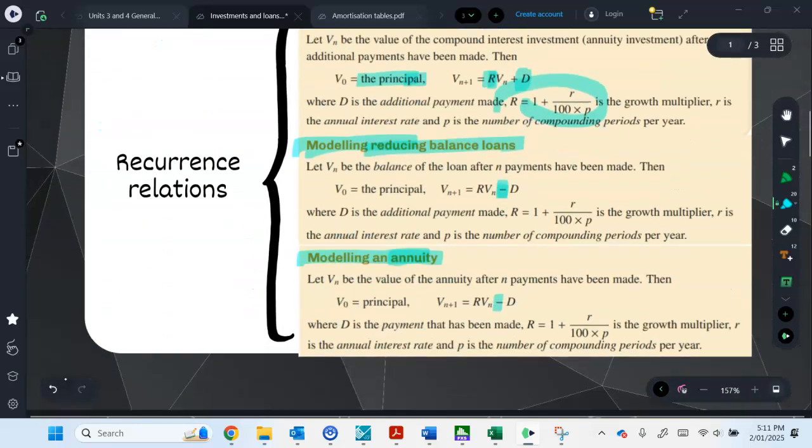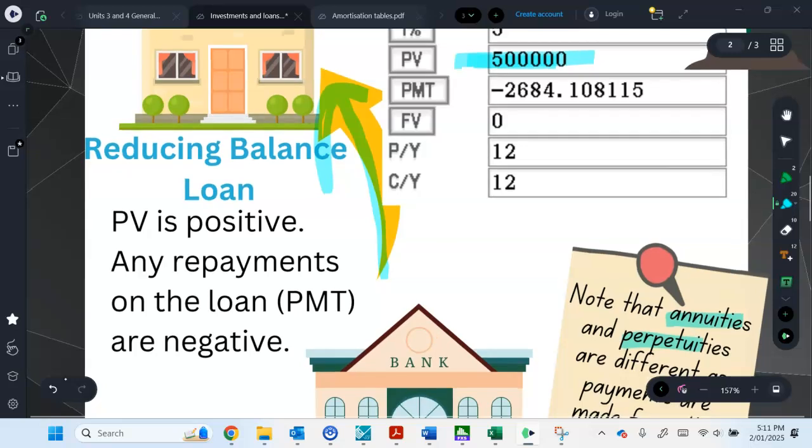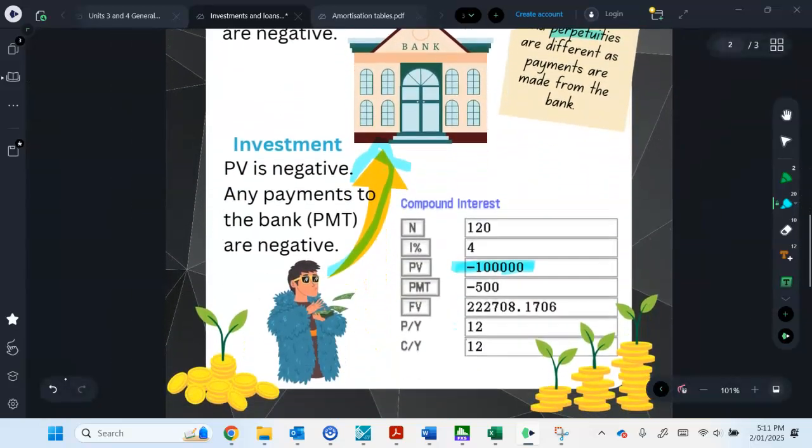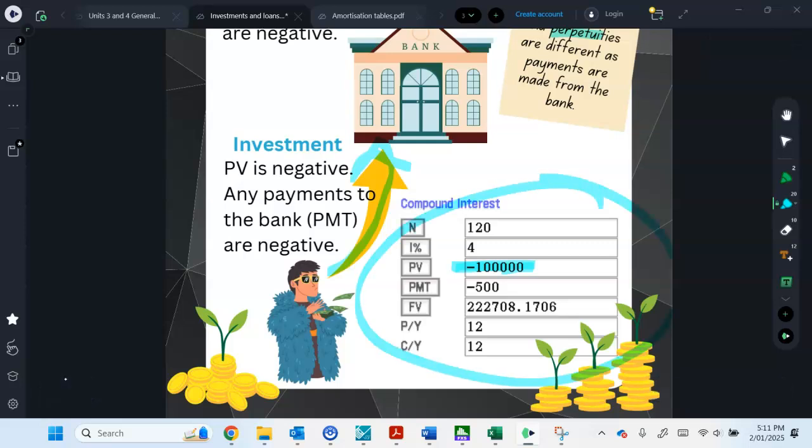We looked at this before, so let's look at it in a bit more detail. We'll start off with the investment. I'll explain what's happening in this financial solver. When we do some questions, I'll talk more about it. This 120 is the number of compounding periods.